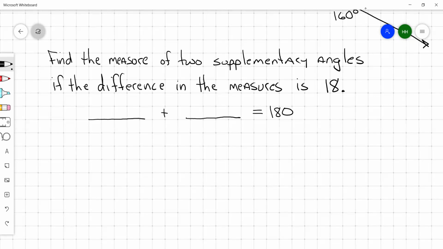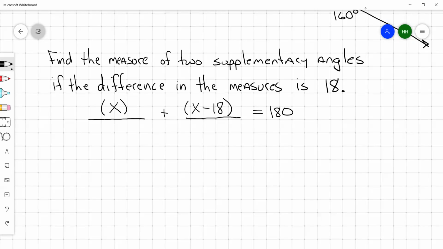So one of your angles is just called angle X. The other angle would be X minus 18. So here's your first angle. Here is your second angle. And since they have to be supplementary, you set them equal to 180. So now you can solve for X, which is one of the angles.